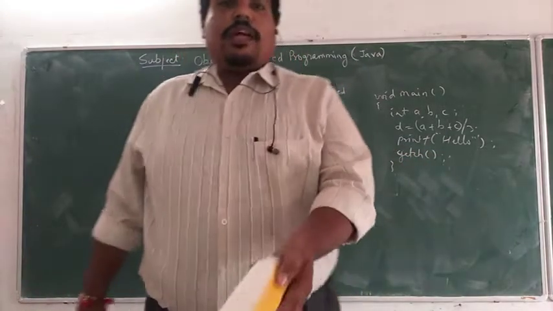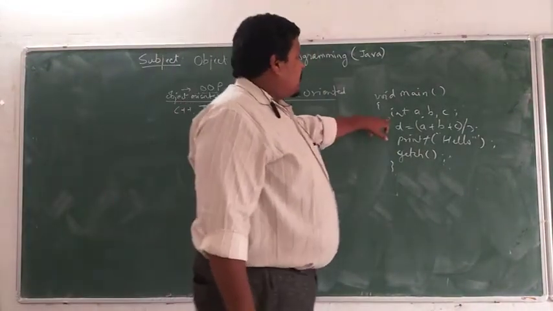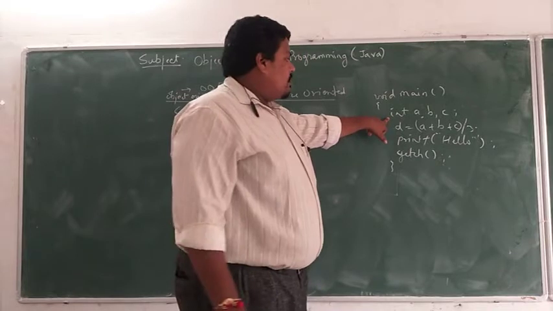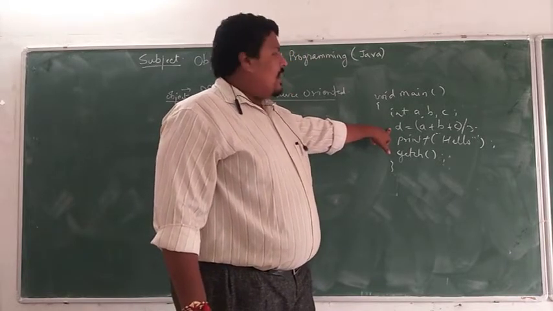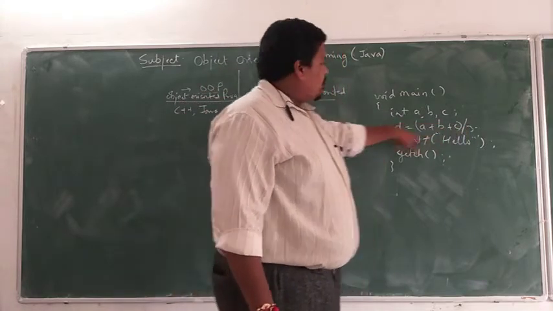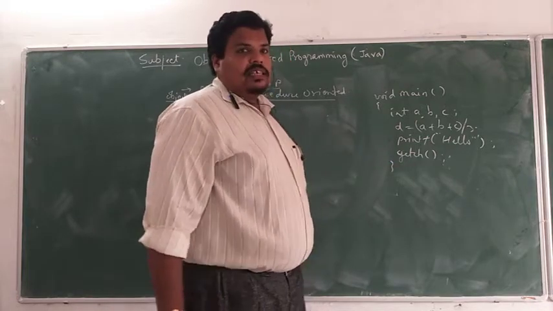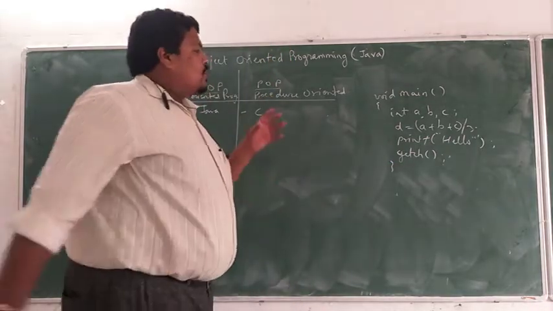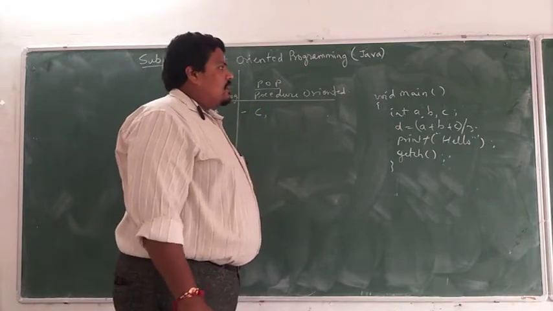This is a simple 4-line code in C where we have declared 3 variables. Then we have calculated some new value in the form of D, which is the average of 3 numbers. Then we have printed some statement. Then there is a getch statement, which is to hold the output on the screen. So this is a C language program.